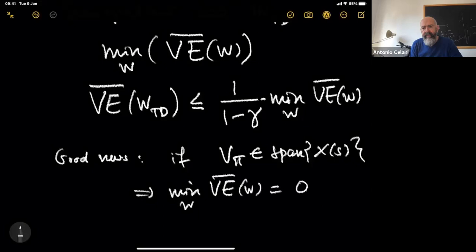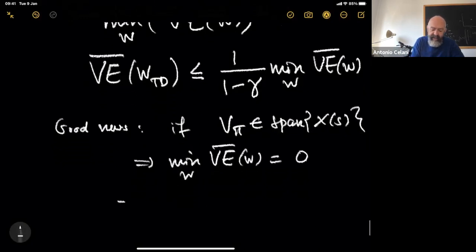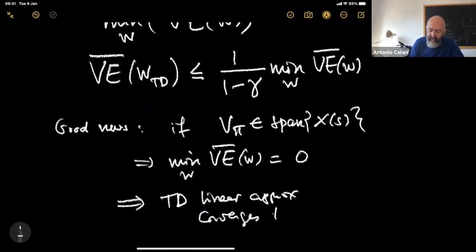So you can get to the true point. And therefore, if this is 0, then this implies that TD linear approximation converges to V pi.